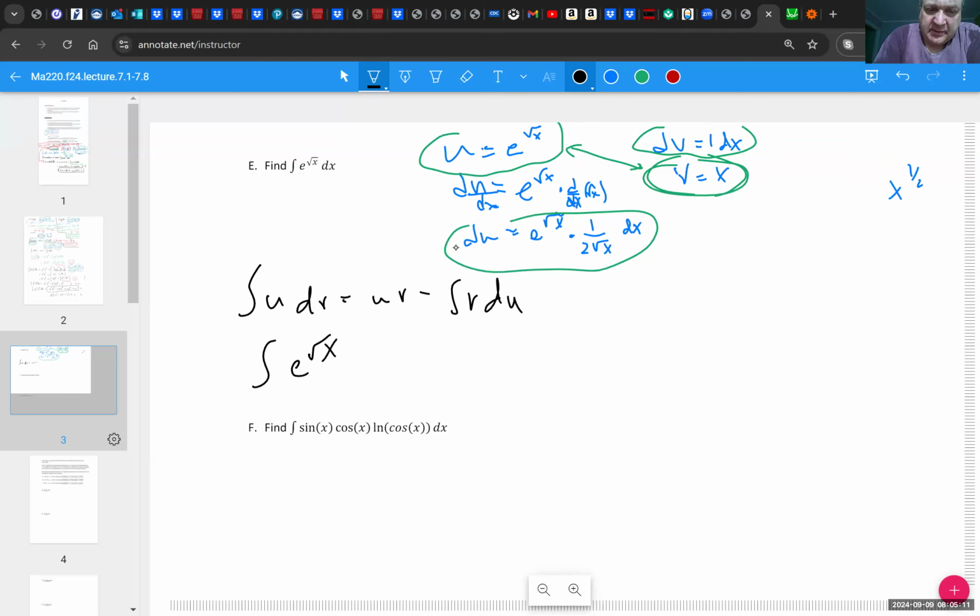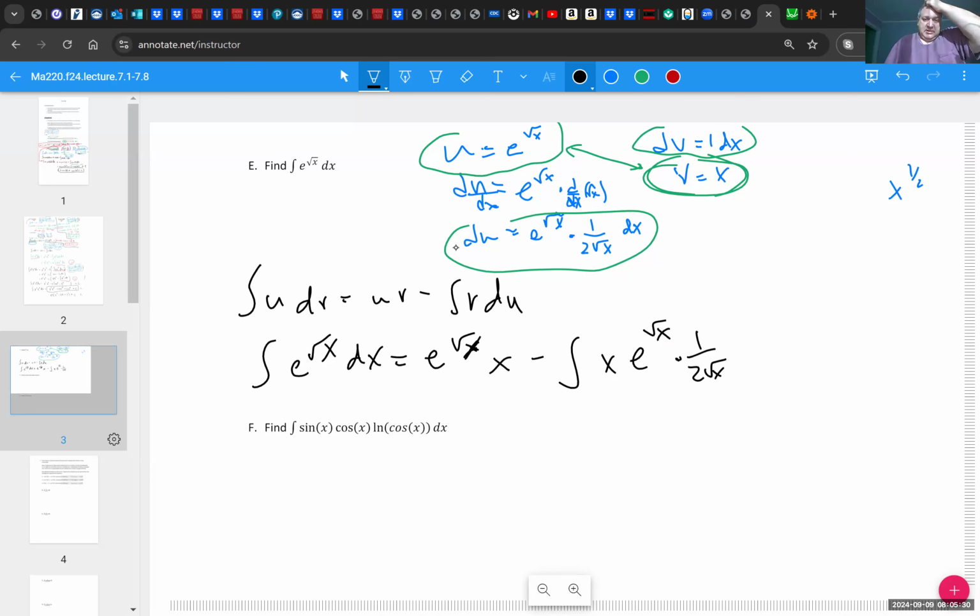My dv is 1 dx. My v is x. And then the new integral, which is our big test of whether it got simpler, is v du. V is x, and du is e to the root x times 1 over 2 root x, and there's a dx.